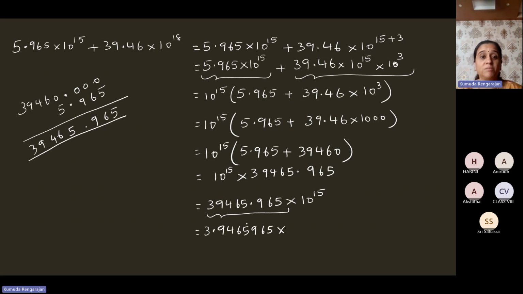We've reduced that to 3.9465965. So you should raise 10 to a positive power because a bigger value you've reduced. So we've shifted the decimal point by 1, 2, 3, 4 places. So positive 4.